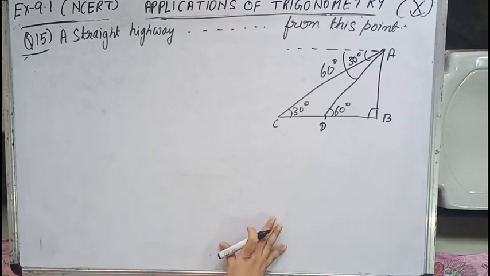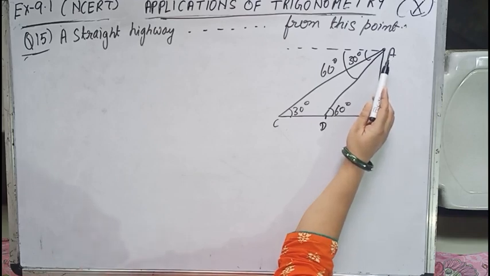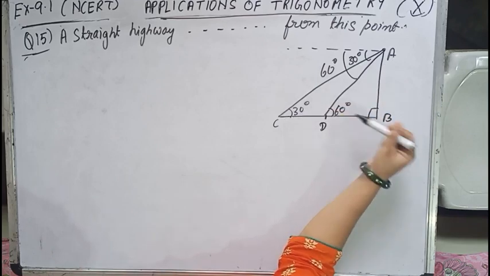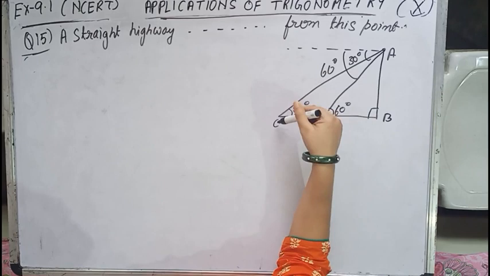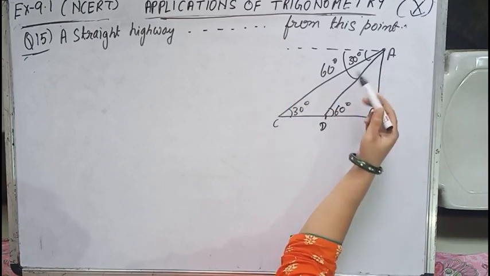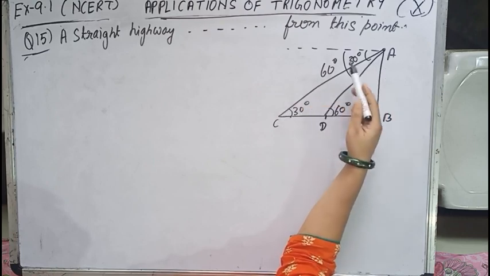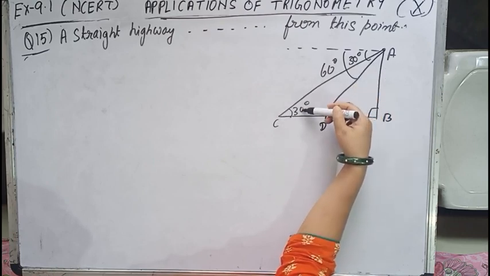So again I am explaining the question. Tower AB is there. A man standing on the top of the tower observes a car on the highway. Now this car is approaching towards the tower. At one point this person sees that the angle of depression of the car is 30 degree. This one 30, so this also is 30.